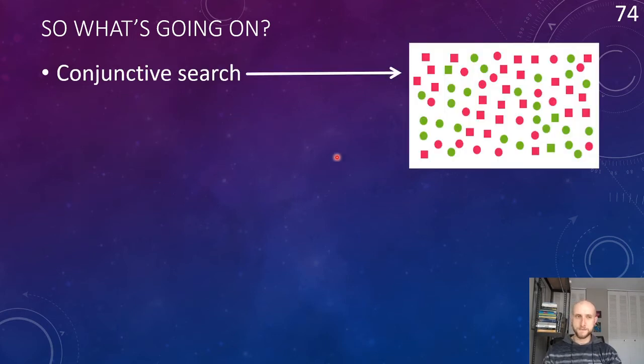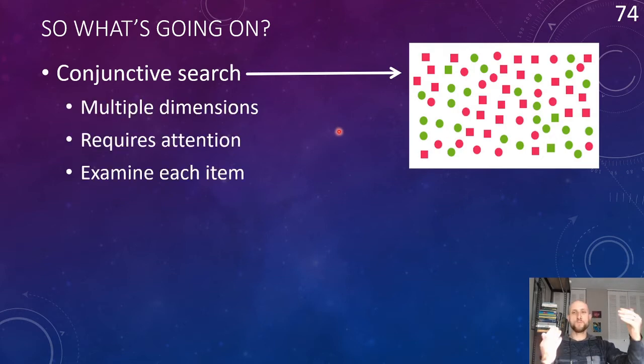In contrast, this is what's known as a conjunctive search. The idea being that we are no longer just looking for one dimension of feature in order to distinguish the unique object. We are having to assemble multiple features together, right? Because we now have, instead of just a bunch of X's and then two colors, circles and squares, and we have pink and green squares.